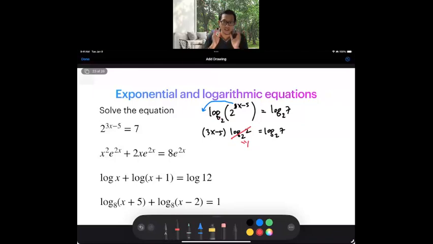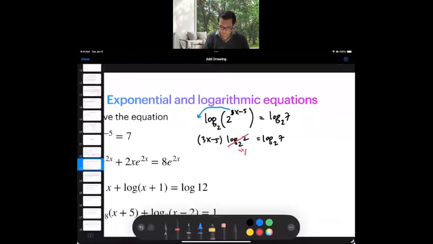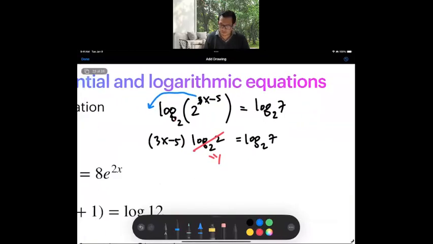Or you could think using the basic definition of log. Whenever you have a with power of b equals c, the definition of log is that a will be the base, so log base a of c is equal to b.